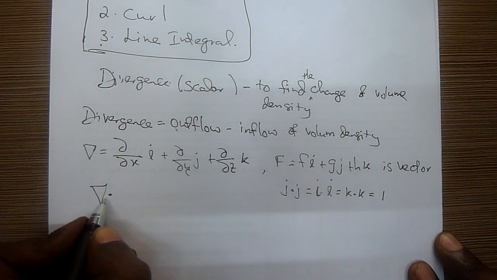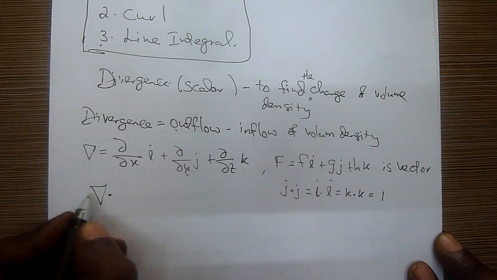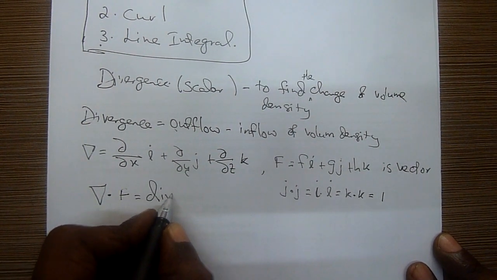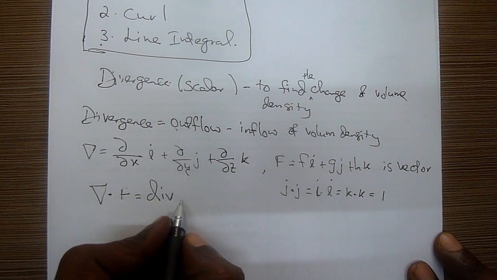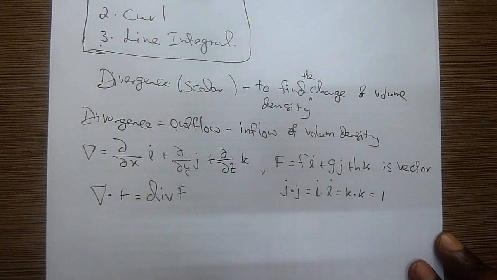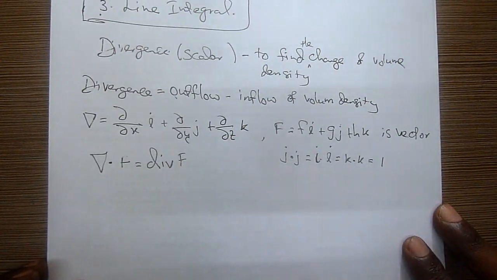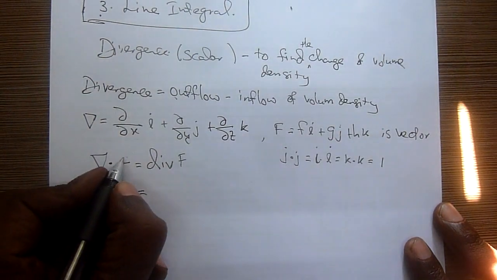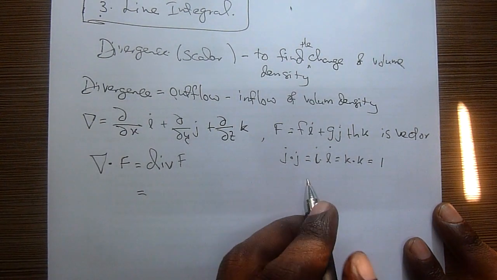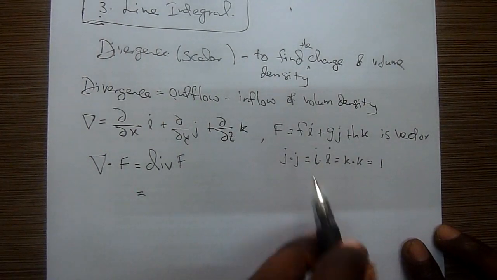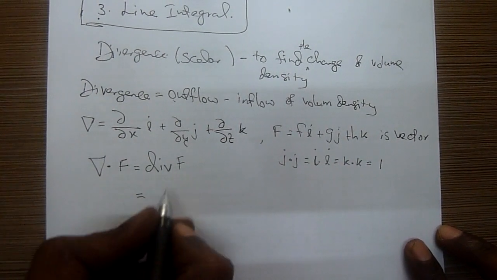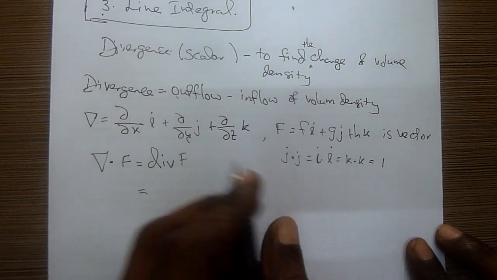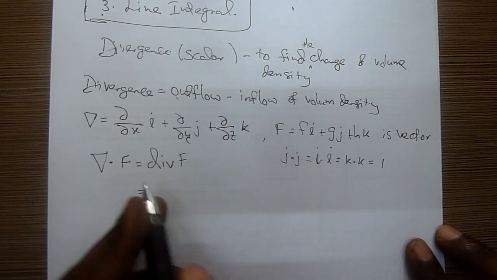Nabla dot f, which some books refer to as div f. In actual combination of this div f, we can combine the nabla and f.